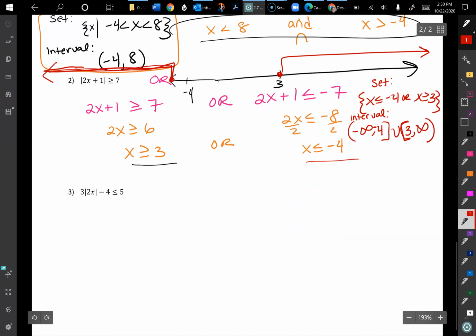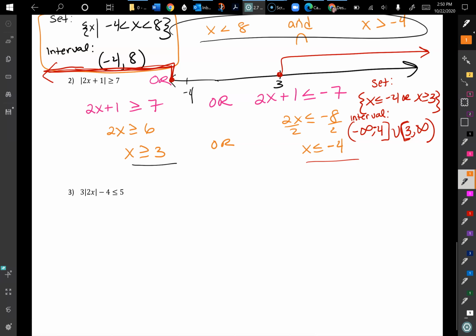Then we have just one more for you to try, and you can graph it and see how it comes out on your own. So pause the video and try this. Just a tip to get started: you have to isolate the absolute value first, just like normal.